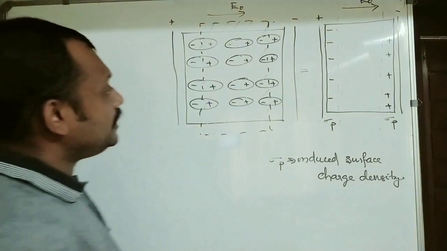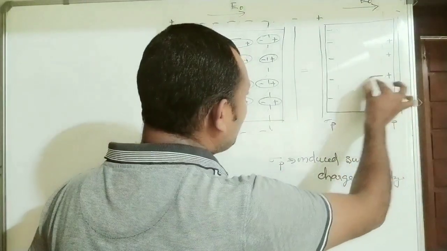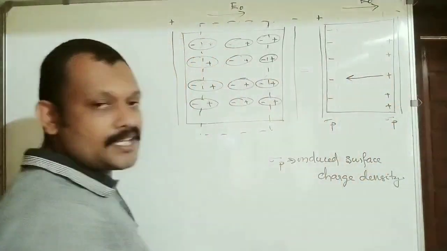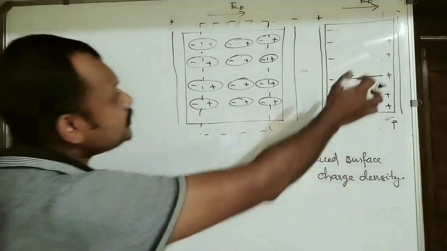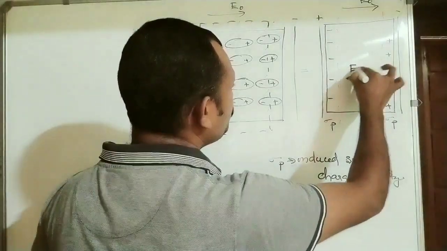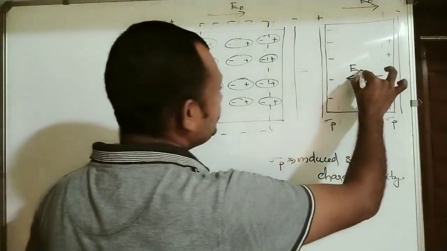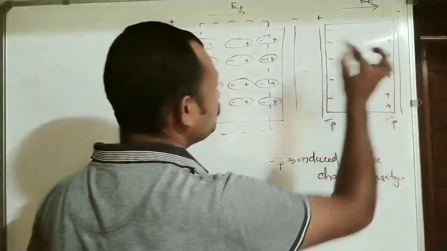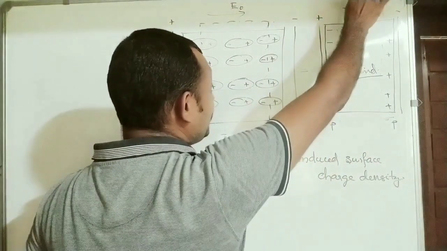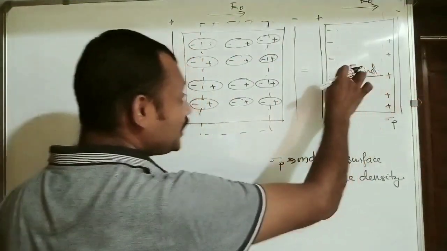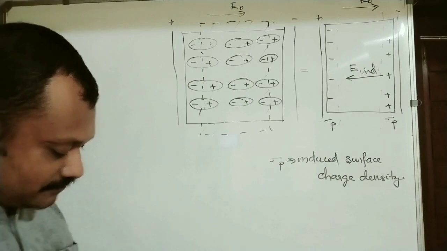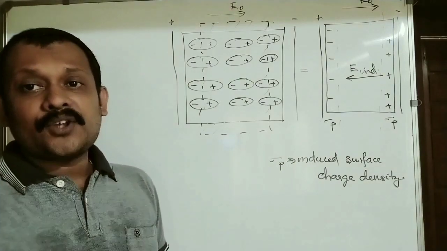And now we can see there is an induced electric field. The direction of the electric field, as we all know, is from positive to negative. There is an induced electric field that is in the direction opposite to the external field. External field is E0. Induced electric field is opposite to the external field. Now let us recollect this.